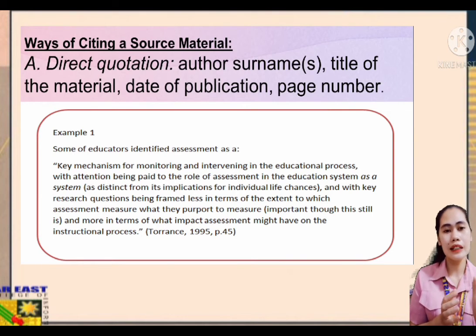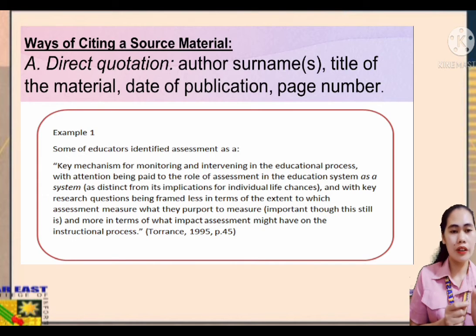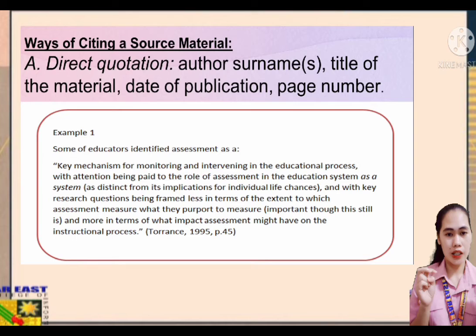You can directly copy the statement or the paragraph and paste it on your manuscript from any resources, provided that you put quotation mark. Okay? Kailangan natin gumamit ng quotation mark. That means na you copied the whole statement or the paragraph and you paste it on your manuscript. Okay?